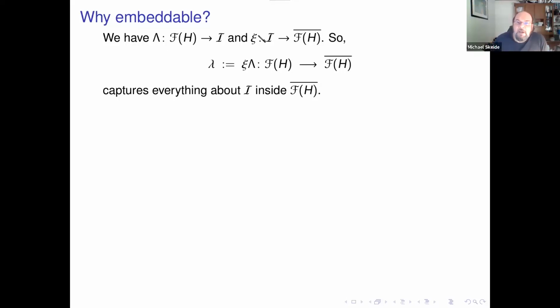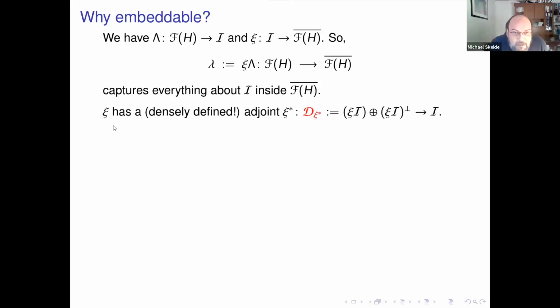And by the isometry, the embedding, we send it back to the Fock space. So the composition is a map, little lambda, that goes from the algebraic Fock space into the completed Fock space. And it captures everything we can know about our interacting Fock space. So we are back in the usual full Fock space.